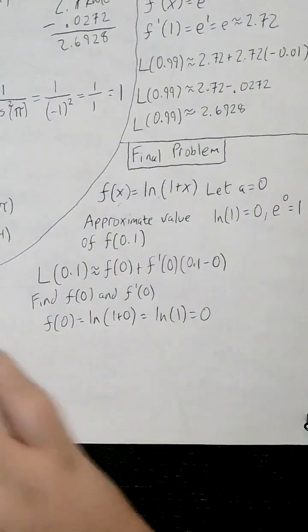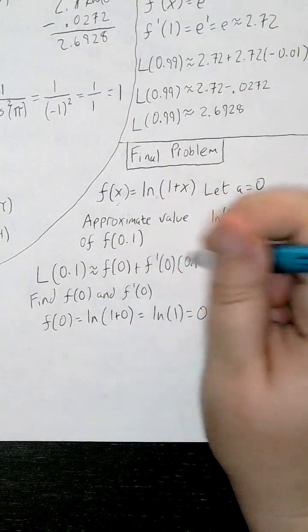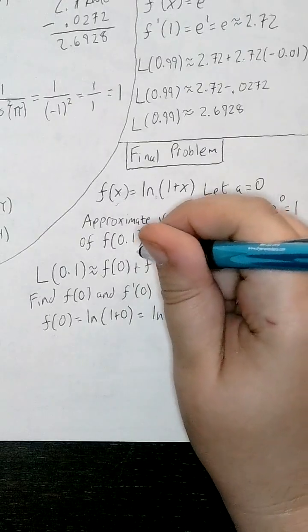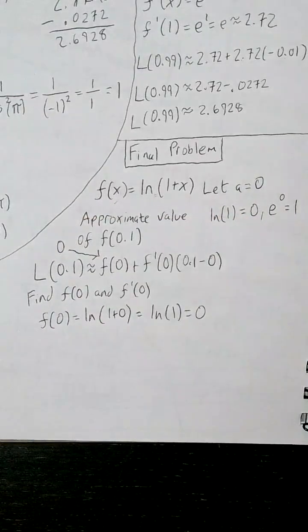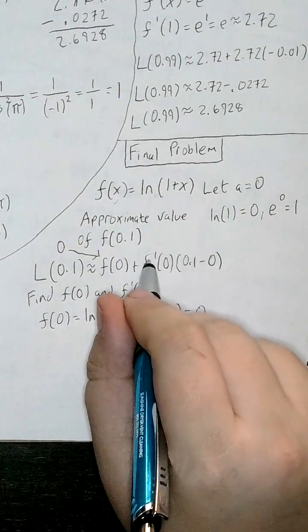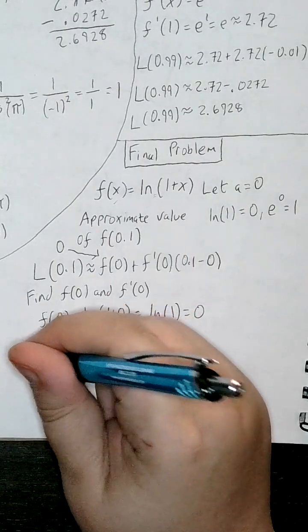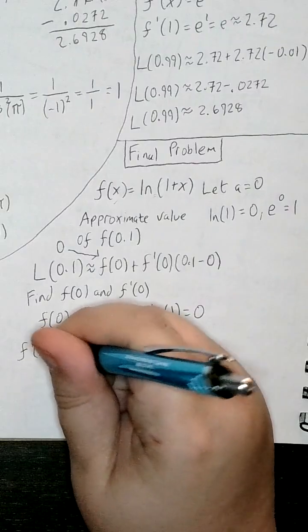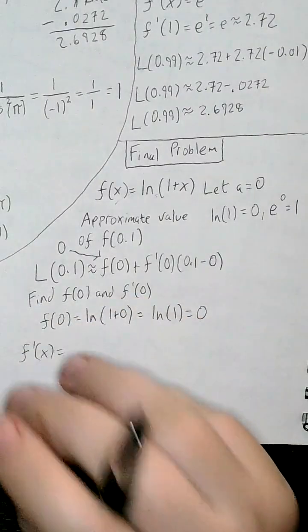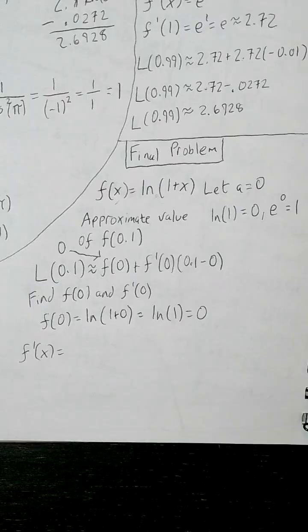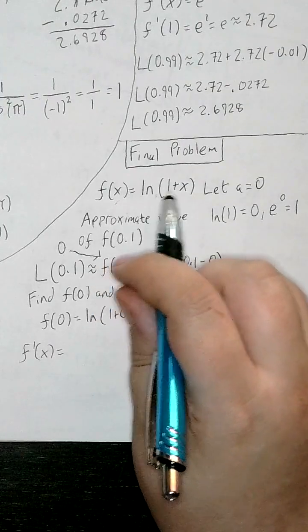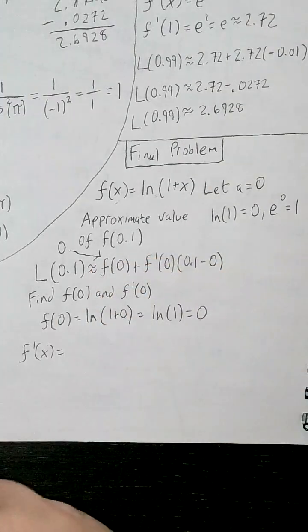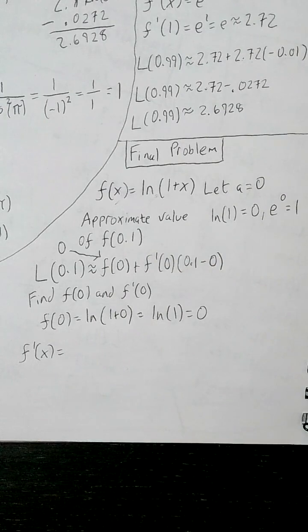And now, we found f of 0, which is 0. So I'll draw a little arrow, put 0 there. Now I need to find f prime of 0. So the derivative of natural log, and this is why I saved this one to the end. I have a function trapped inside another function, so we're going to use the chain rule.